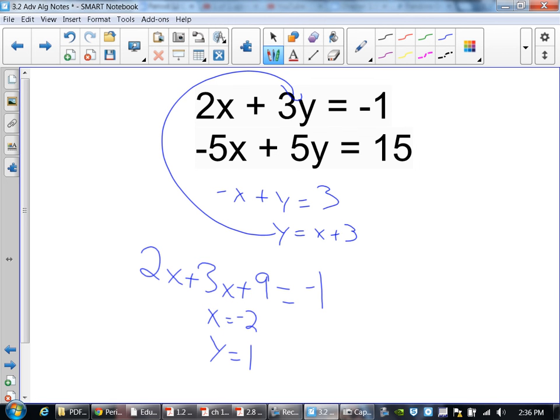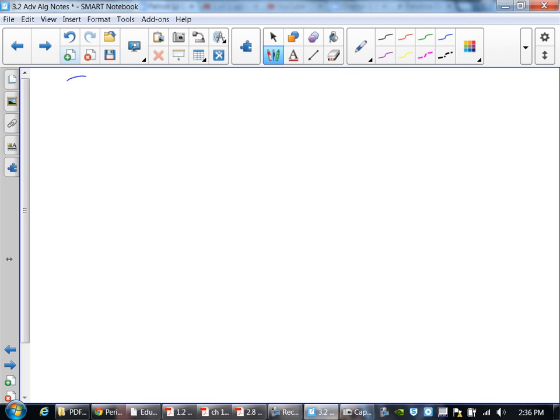I'll give you some homework problems because I think we're okay. This is section 3.2. I forgot what page number it was. Let me look. It's on page 153.